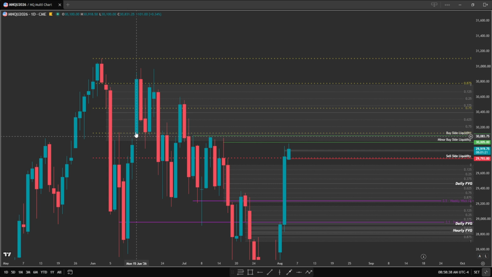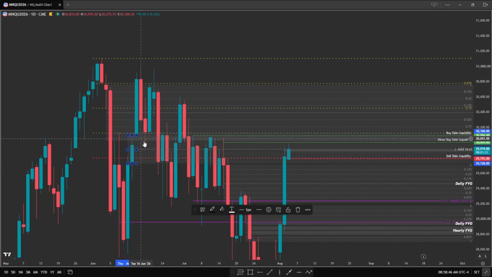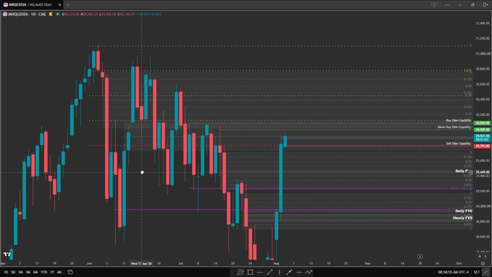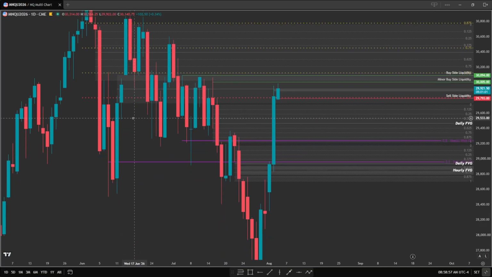This inversion is anchored to that, which is interesting. It's a level ICT has recently annotated. He used this level to target these lows, which is nice.